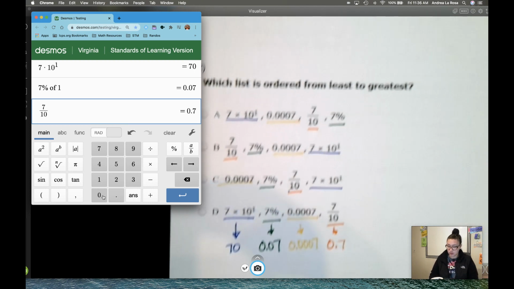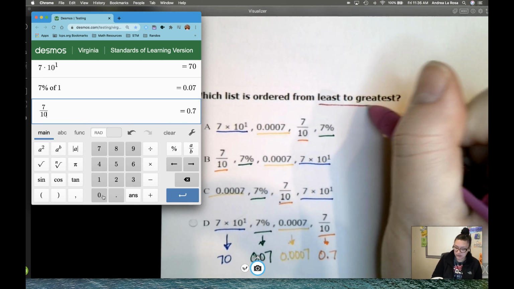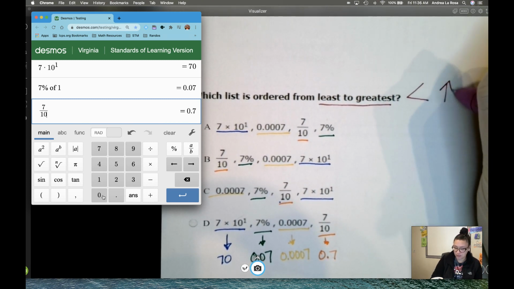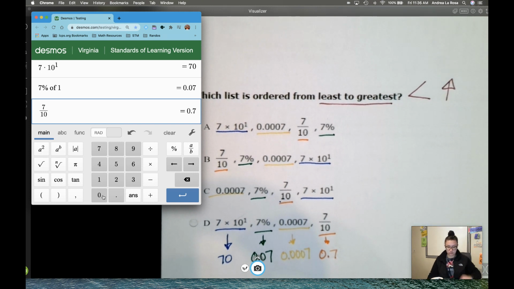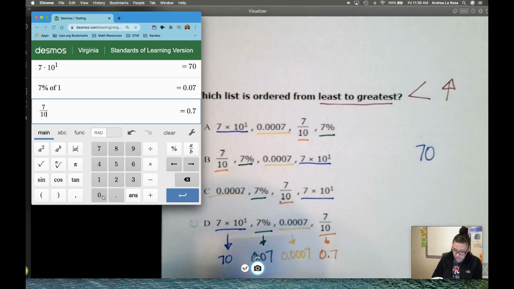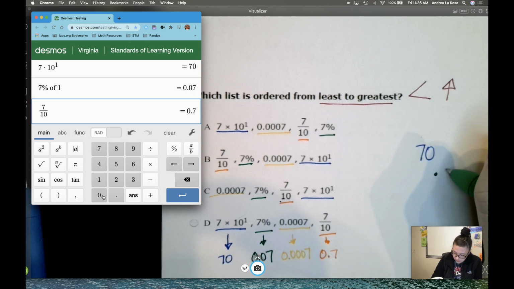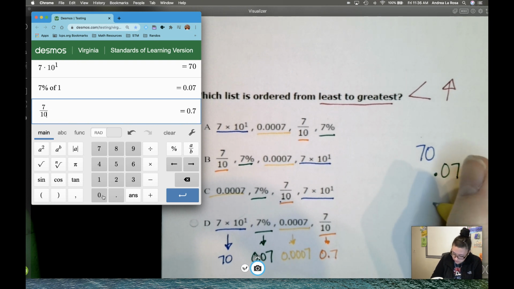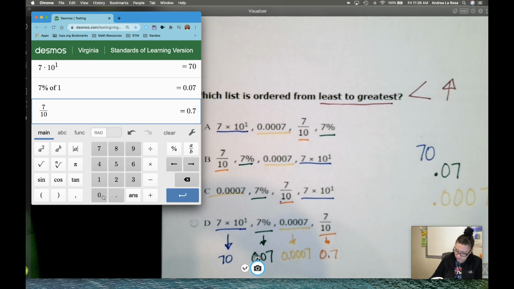I need them in order from least to greatest. So that means small to big, my numbers should be going up. Again, I want to line up my decimals to compare them. So I have 70. I have 0.07, 0.0007, 0.7.